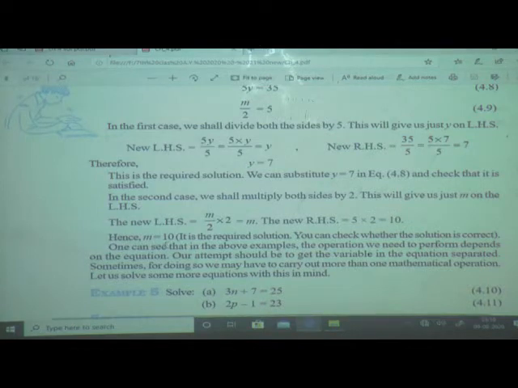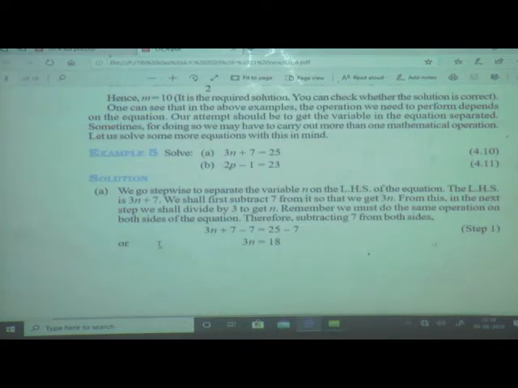We will see some more examples here, so it will be easier for you to understand how to substitute. Solve 3n plus 7 is equal to 25. Here we have a multiplication, that is 3n. We have to separate the variable. So what do we have to do here?